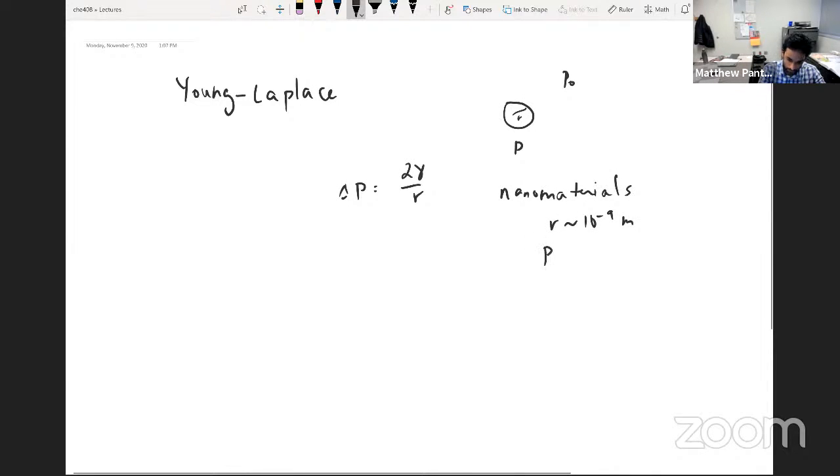That results in pressures on the order of 100 or more. Let's say more like 1,000 atmospheres or so, if it's really 10 to the minus 9. That means a lot of weird stuff can happen when we have nanoscale systems.